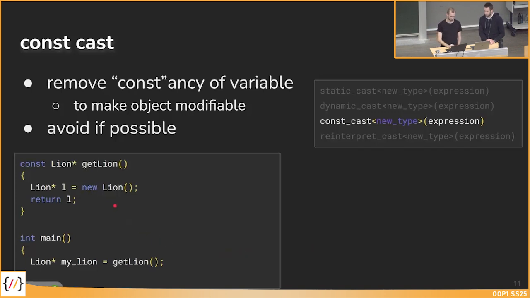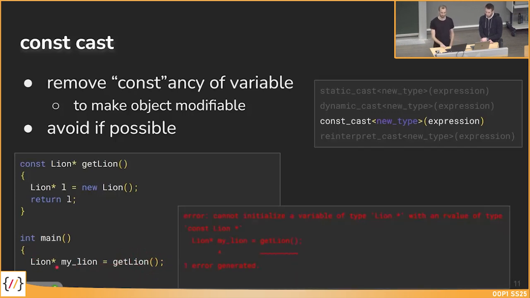So in this case, we have our getLion function, which returns a const lion pointer. So it creates a lion, returns that lion pointer, and when I do it like this, so this getLion returns a const lion pointer, but I store it into a normal lion pointer, I will get this error.